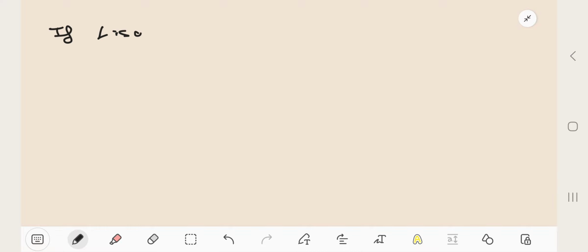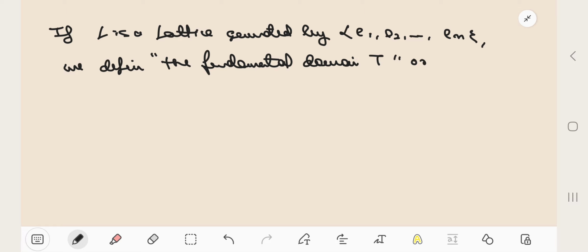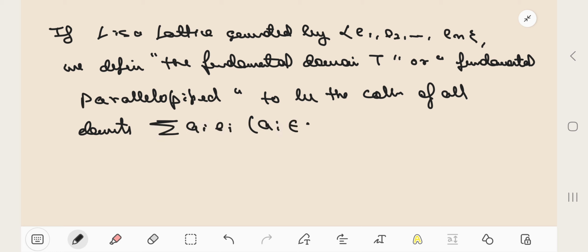So if L is a lattice generated by E1, E2 till En, we define the fundamental domain T, or this is also sometimes called the fundamental parallelepiped, to be the collection of all elements summation AiEi, where these Ai come from R, to be noted, for which 0 is less than or equal to Ai less than 1.